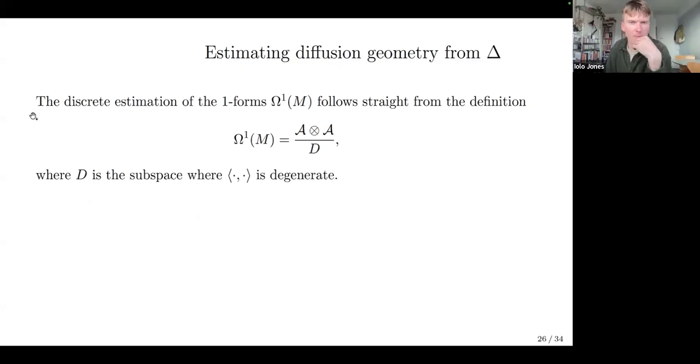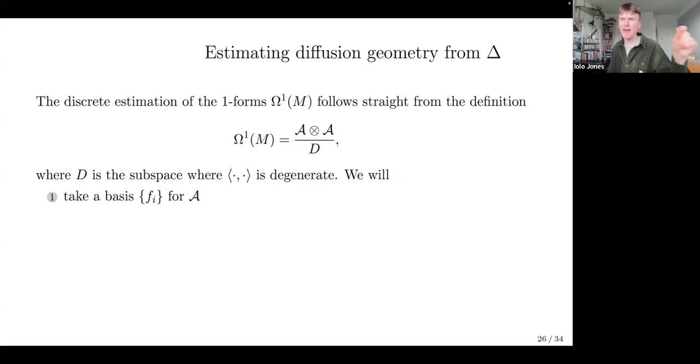Concretely, the recipe is that we basically want to follow what the definition of a one-form says, more or less. We have functions A, we take tensor pairs of them, and then we quotient out by the zero norm things. Concretely, we can do that directly on the data. So we want to take a function basis f_i. The obvious thing to try: if you've got n points in a point cloud, the standard basis for functions is to identify the function space with R^n.